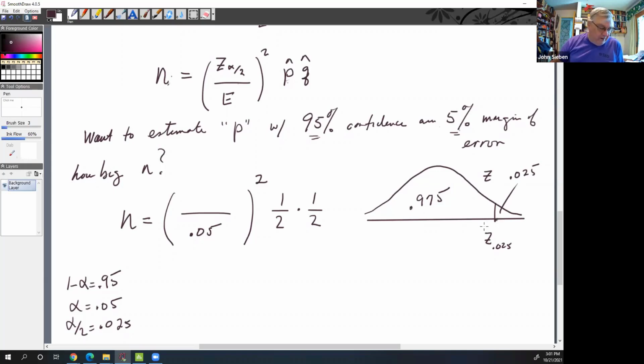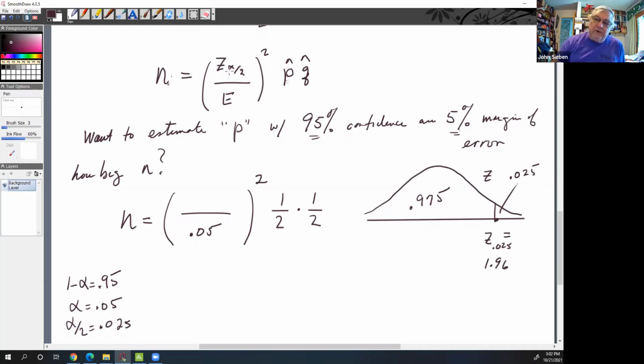And when I did that, it's equal to 1.96. So given a Z curve, 1.96 cuts off 0.025 in the upper tail, hence 0.975 in the lower tail. That means that Z 0.025 is 1.96.